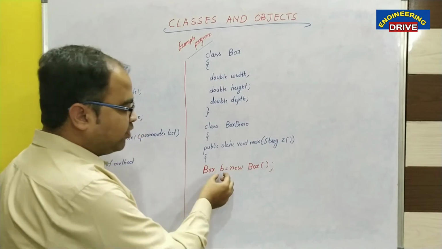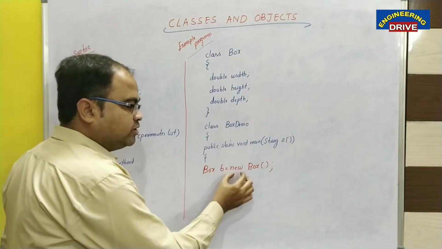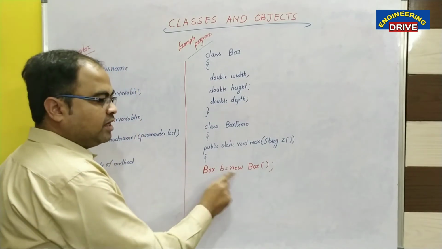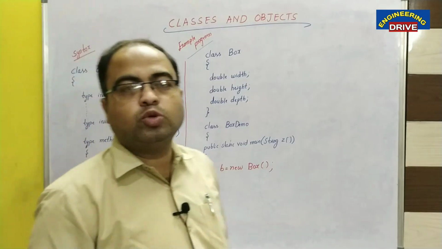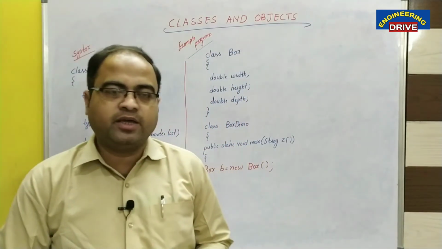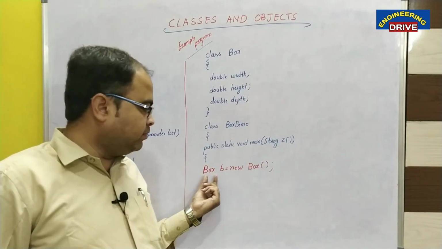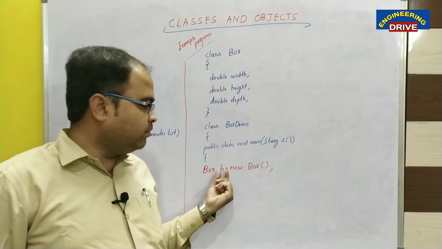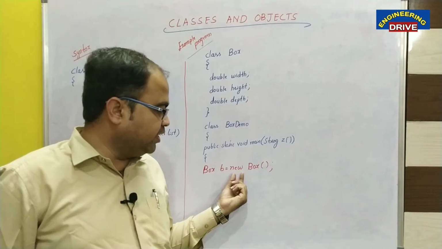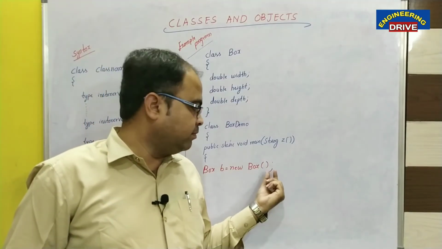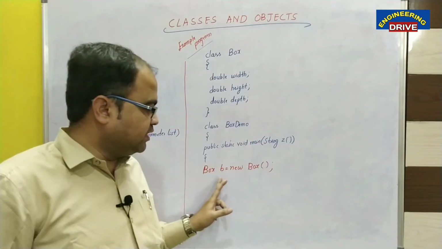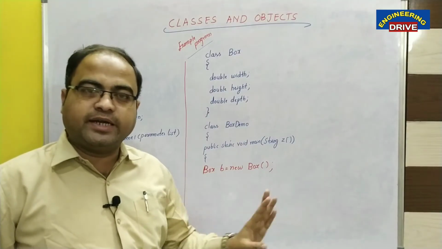Now I have created one object, small b, by using the keyword new. What is the use of new? The new keyword is used to create an object. The syntax for creating an object is the class name followed by the object name, assignment operator, new keyword followed by the class name, and parentheses. So this is the way in which you can create an object.